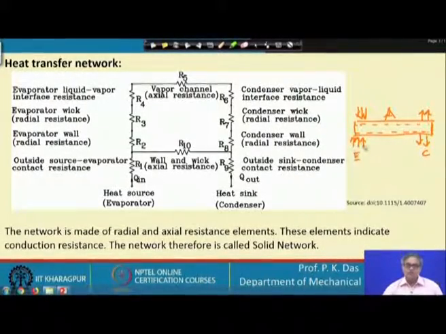This resistance is shown here, and then on this side we have got the heat sink, that is your condenser side. Here heat is being rejected, Q out. So, this is your Q in and this is your Q out.